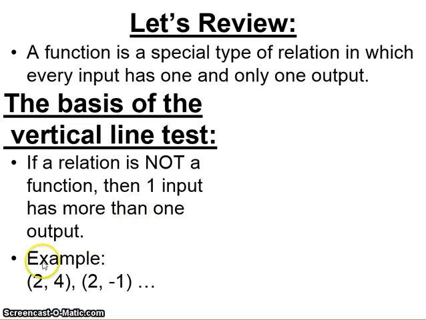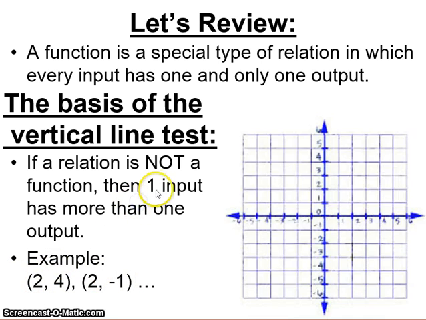So for example, if we were looking at ordered pairs, we would see the same input, in this case 2, outputting two different numbers. Now, this is how we looked at a set of ordered pairs to decide. Let's now think about what that would look like on a graph.